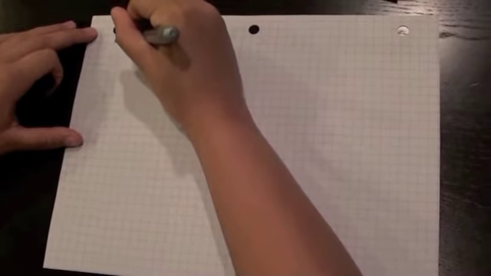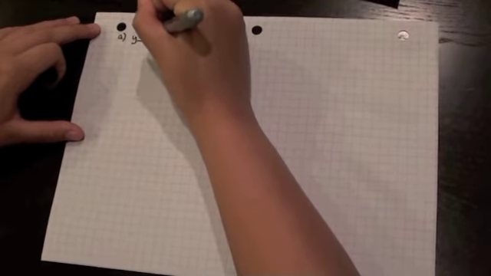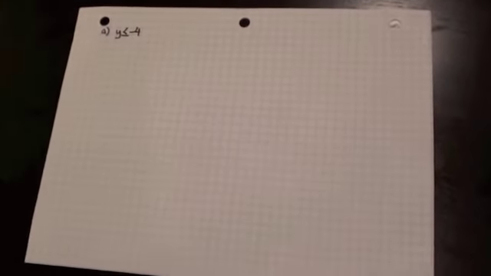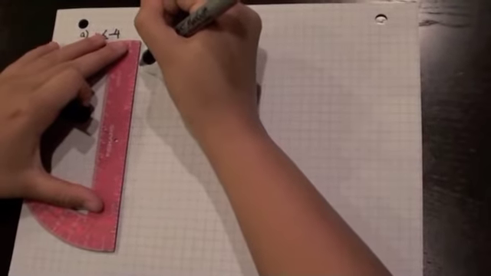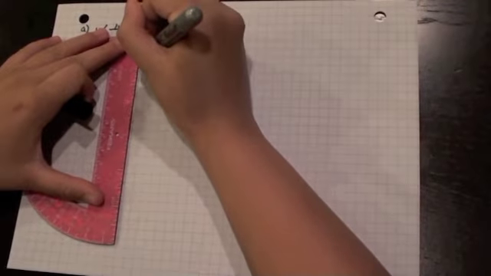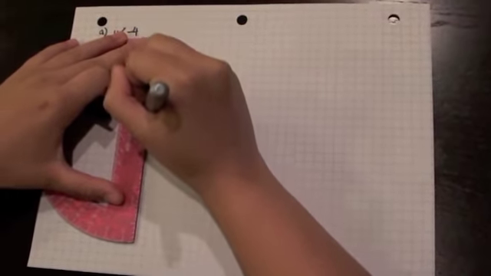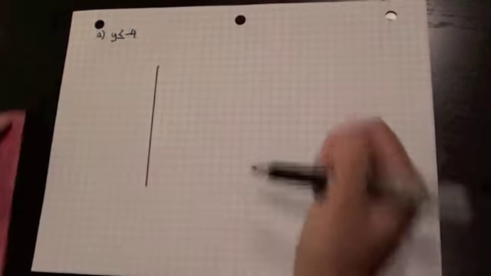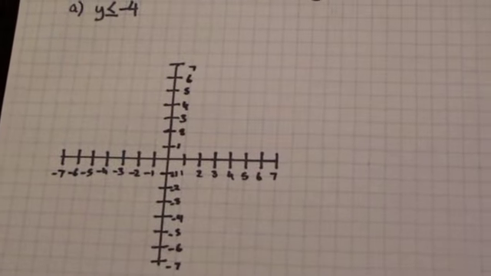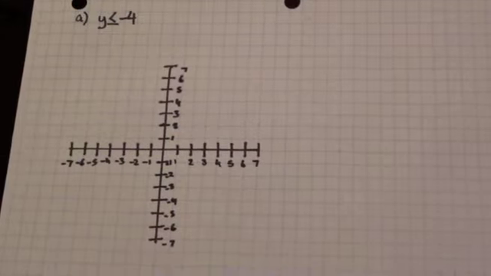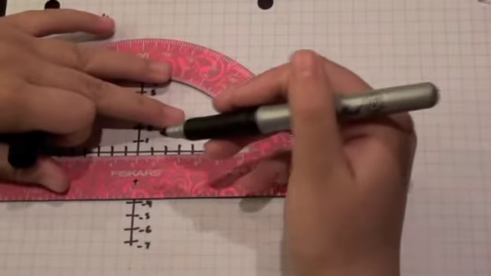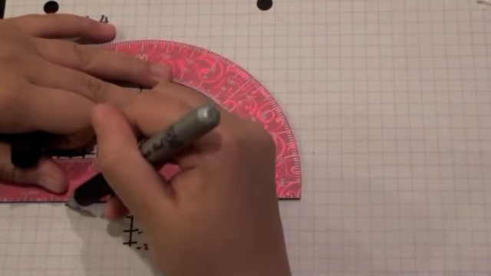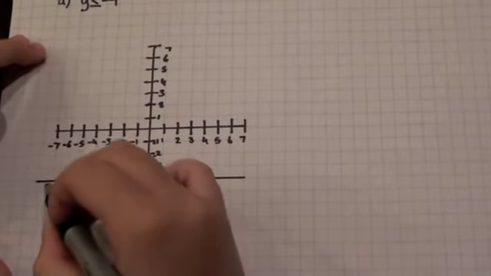Okay, so the first problem is going to be y is less than or equal to negative 4. So first, we're going to draw the graph. First comes the y-axis. And now that's done. So y is less than or equal to negative 4. So we're going to find negative 4, and we're going to draw a solid line through there.